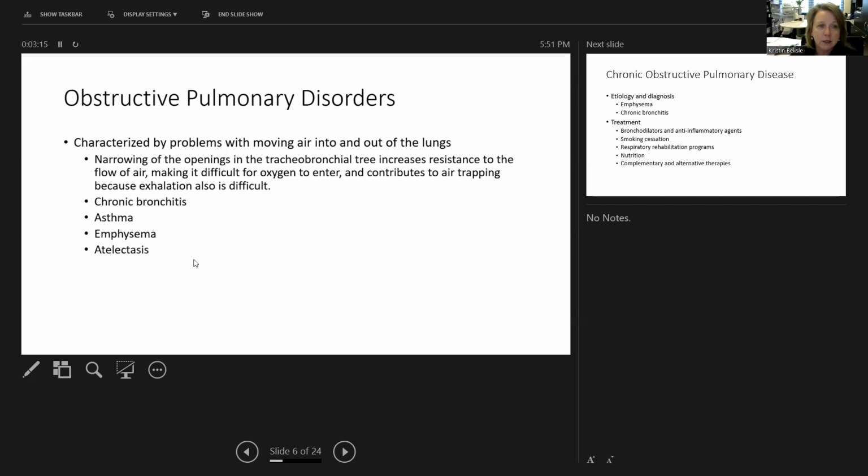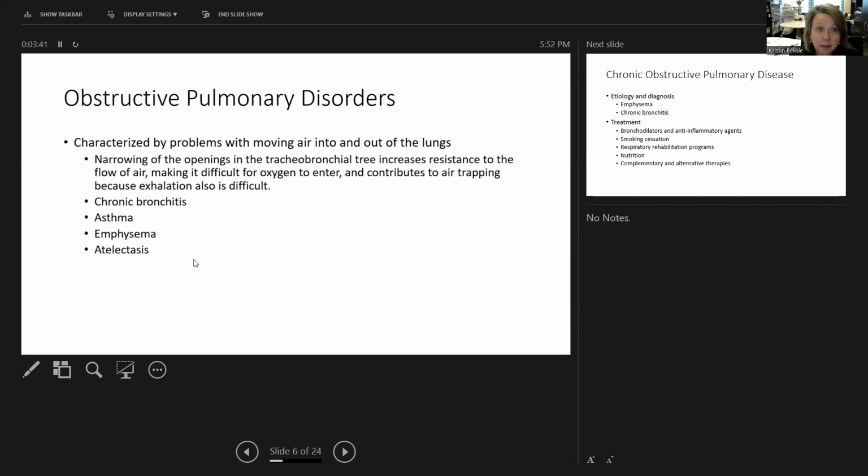There's different things that happen, but the main base thing is we have problems getting air in and getting air out. And that's what we see with chronic bronchitis, asthma, emphysema, and atelectasis. Now, chronic bronchitis and emphysema are the causes or the etiology or disorders that support COPD. That's how we have COPD.